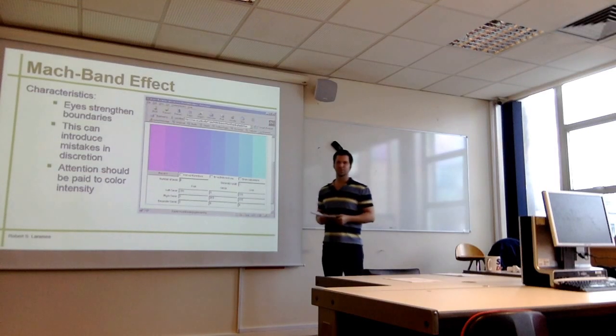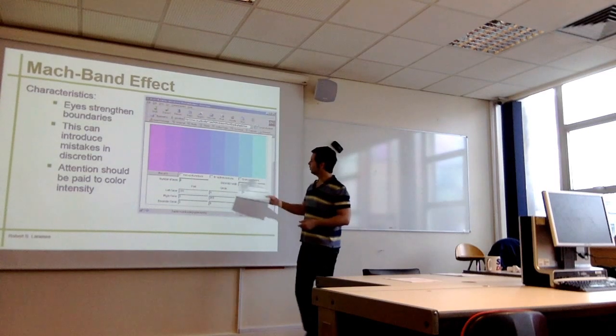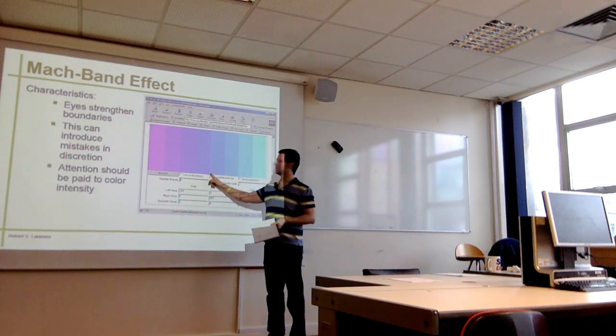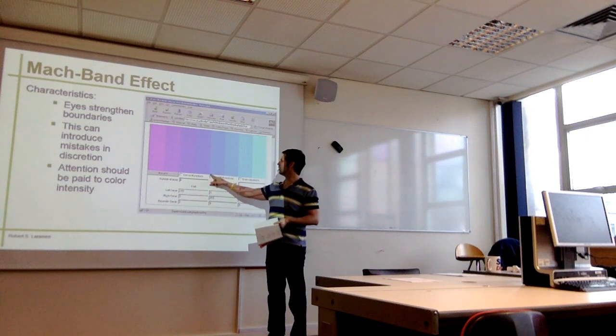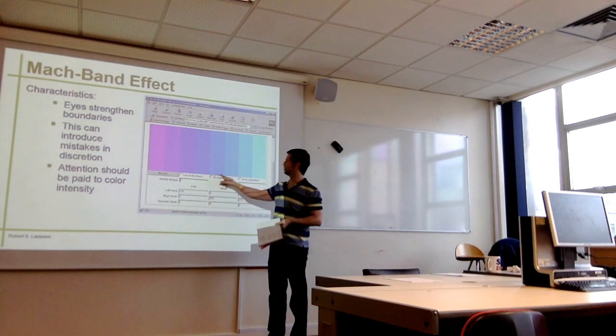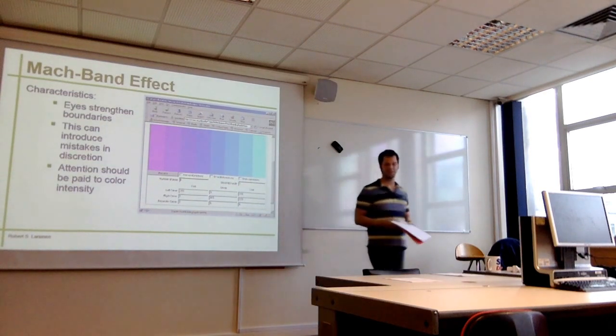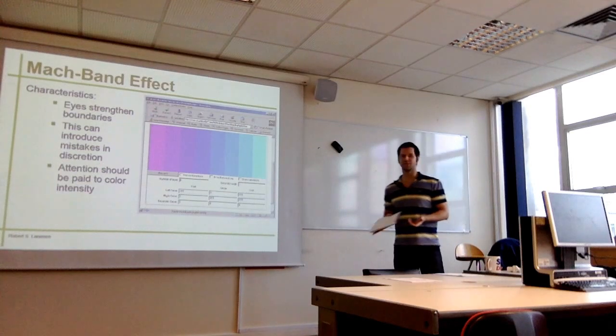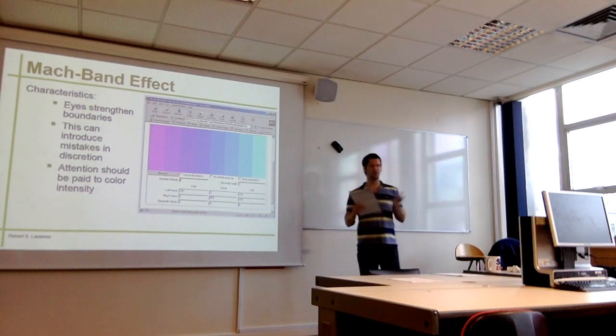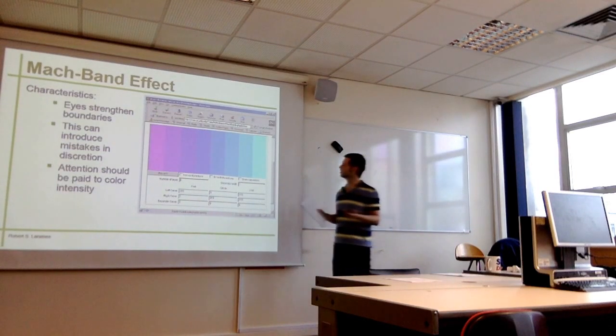So for some people, it looks like this side is brighter than this side, right? It looks like we're going from bright to dark, doesn't it? That's what it looks like. But actually, in reality, it's all the same color. It's a constant color.